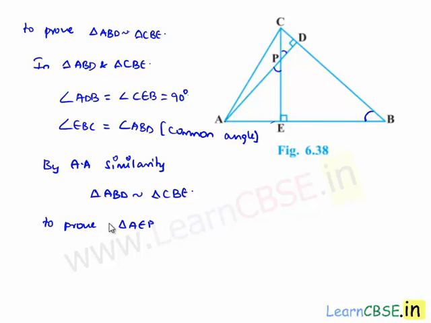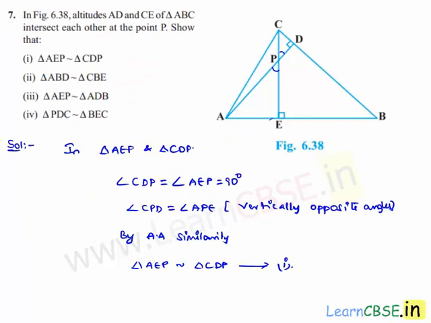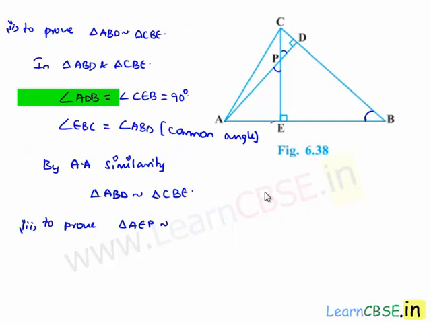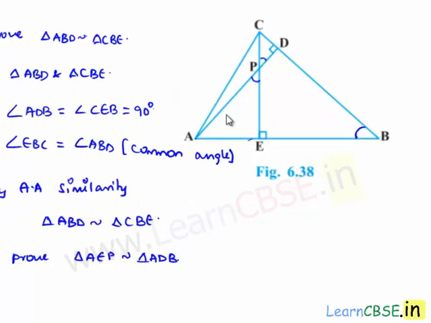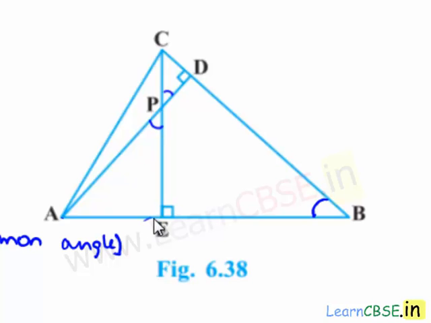Here in the third bit, we need to prove that triangle AEP is similar to triangle ADB. Now in order to prove this, let us consider both the triangles, that is triangle AEP in the figure and triangle ADB.